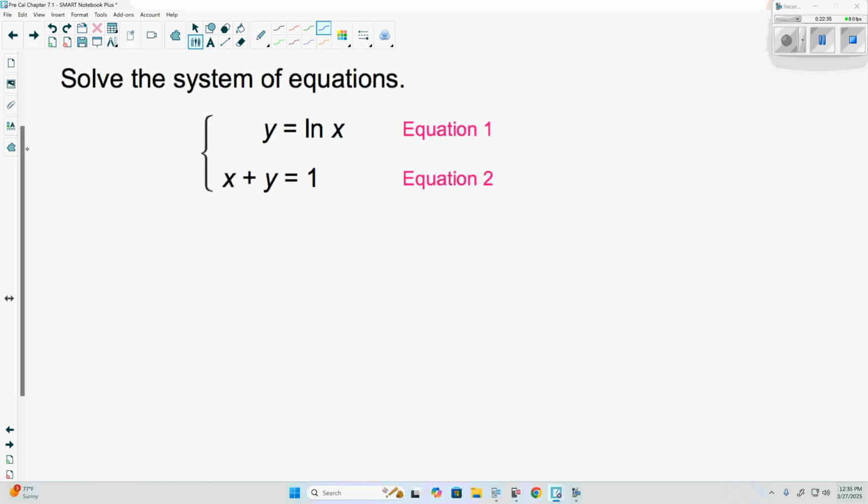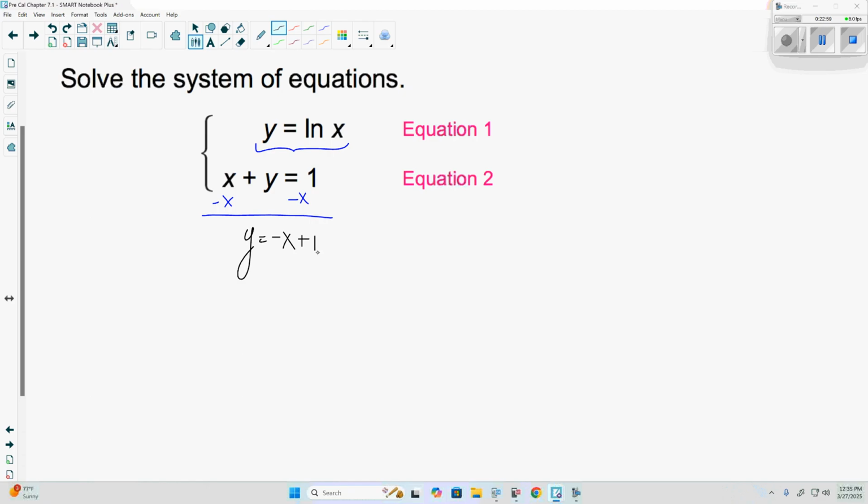So if we want to solve this system of equations, y equals the natural log of x, and x plus y equals 1, well, both equations need to be in y equals form. Well, the first one's fine. The second one, I need to subtract x from both sides, telling us y equals -x plus 1.